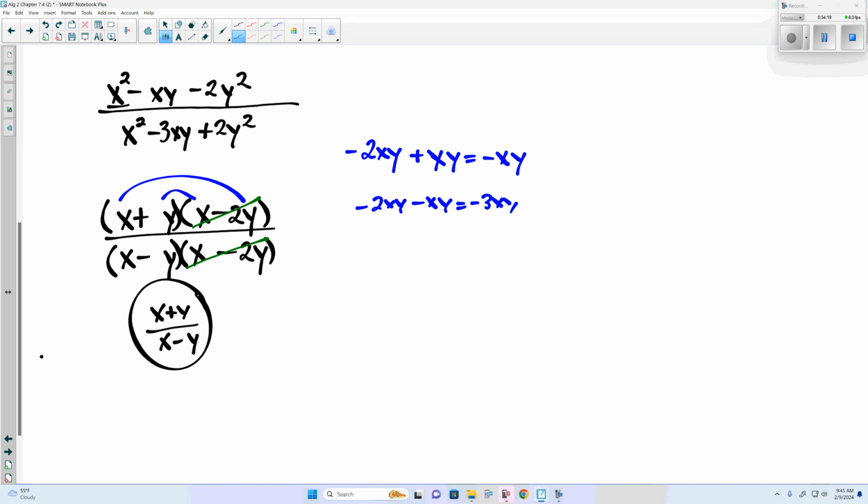And I would agree, the whole process for this problem has a prettiness in its essence of how it worked out. Now, we did talk about restrictions and that the denominator can't be 0. Well, here we're just saying that x minus y cannot be 0. Solve for x or y.